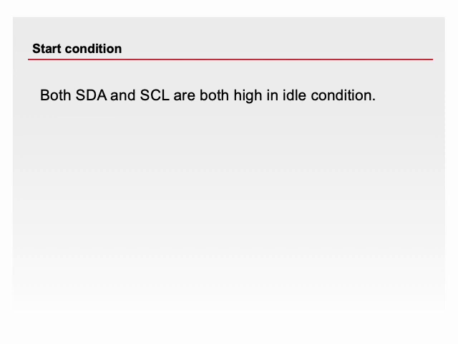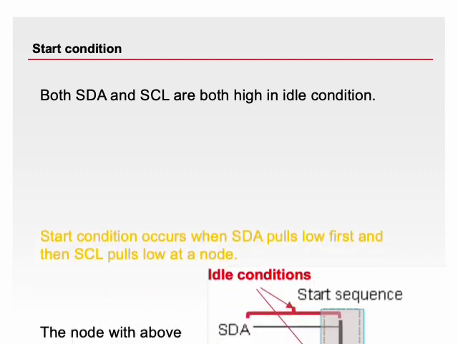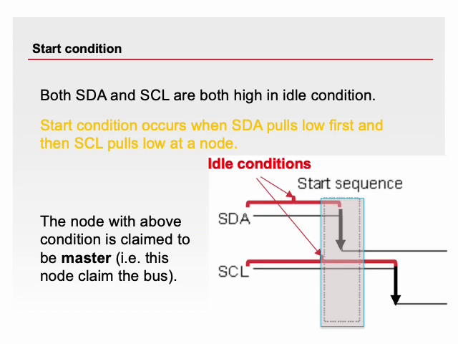When the bus is idle, both the SDA and SCL lines are pulled high by pull-up resistors connected to the power supply voltage. This ensures that the lines remain at a high logic level when no communication is taking place. The start condition is initiated by the master device, which claims the bus.